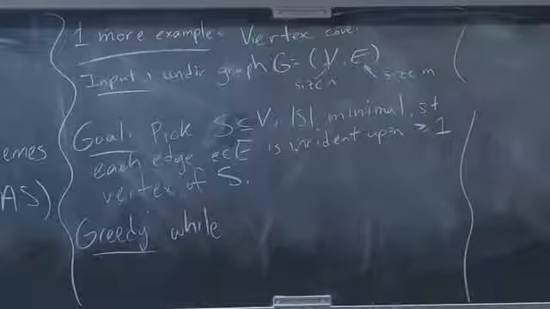Someone tell me why. In set cover, there's a universe and a collection of sets. So what's the universe and what's the collection of sets? Right, every vertex is a set, and every edge is an element of the universe. That's right, good.